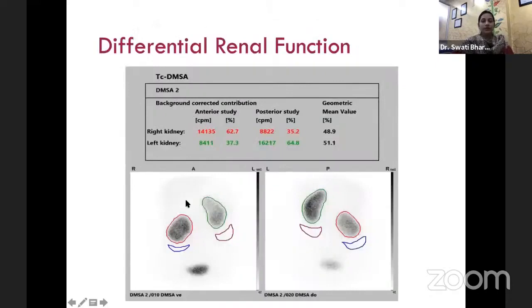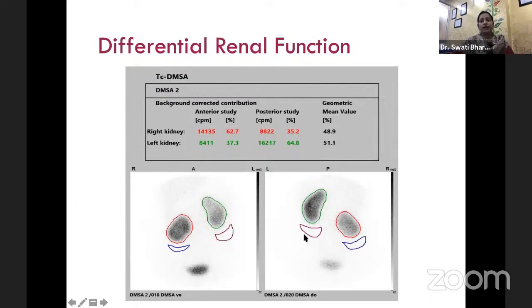So what is differential function? Basically, if we consider that the function of both kidneys combined is 100%, then how much percentage does each kidney contribute? This can simply be estimated by drawing a region of interest around both the kidneys and just beside the kidneys for subtracting the background radioactivity.